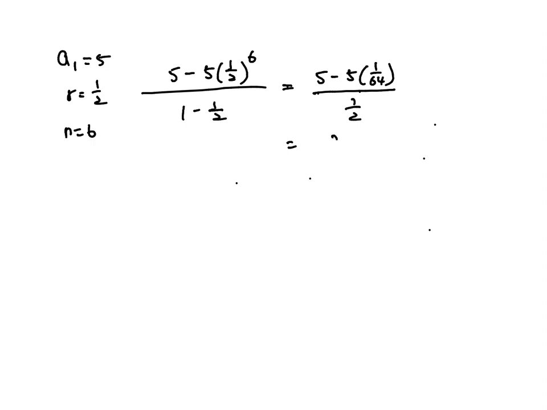This is 315 over 64 divided by 1/2. So that becomes 315 over 32. And then we are done for this one. So again, pretty straightforward. Plug it in.